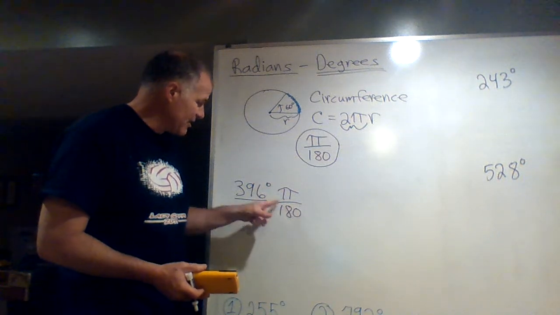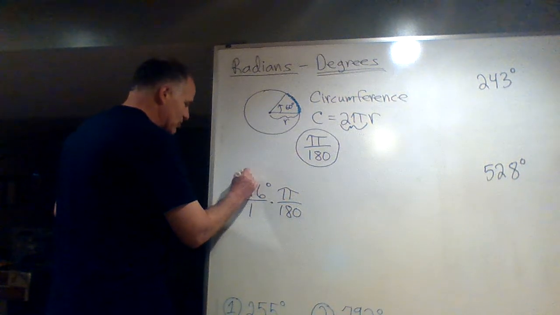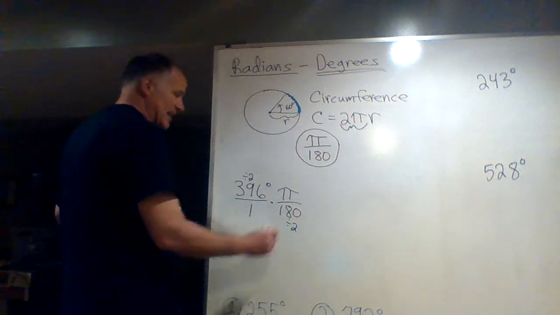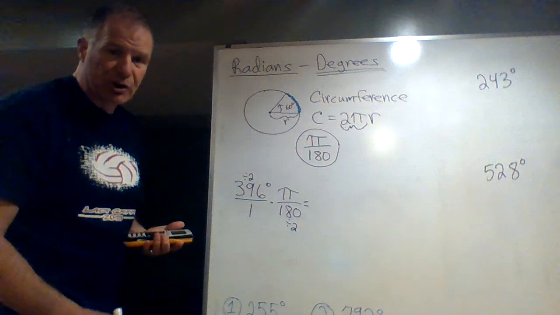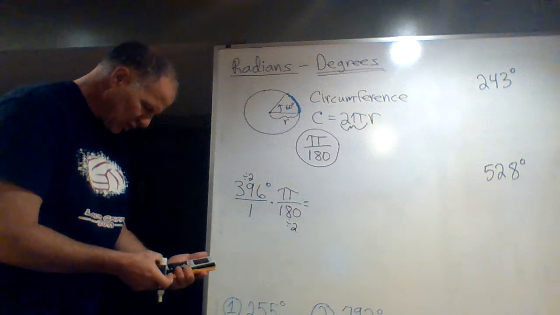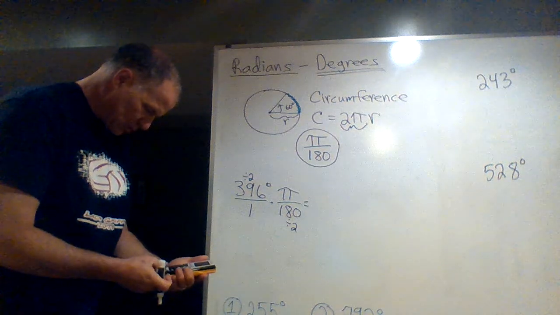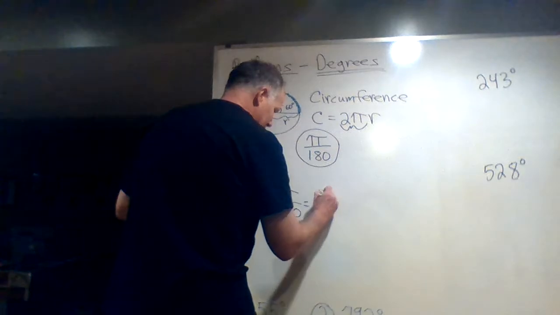Remember, even numbers can always be divided by 2. So even if I can't see anything else, I can at least see that those can be divided by 2 because they're both even. Grabbing your calculator, 396 divided by 2, and I have 198.